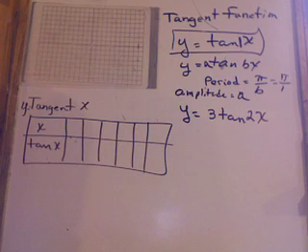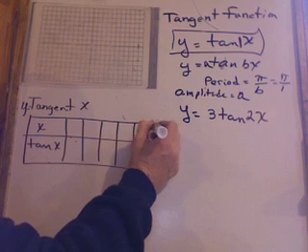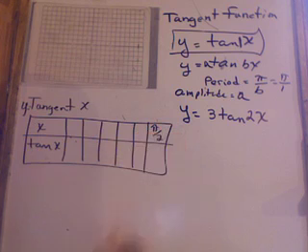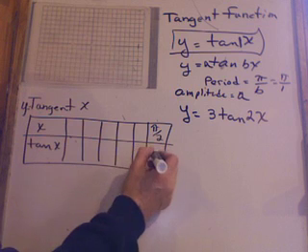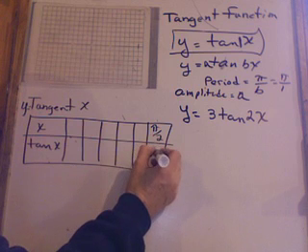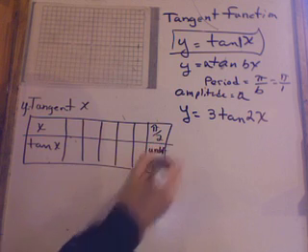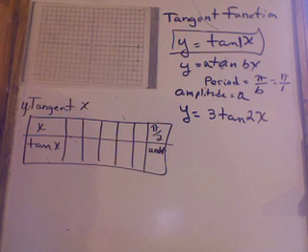It's important to look at where the asymptotes are on the tangent curve, and you probably remember that one of them is pi over 2. If you put your calculator in radian mode and do tangent of pi over 2, you'll get an error because the tangent is undefined at that point. So that's an important point to graph.